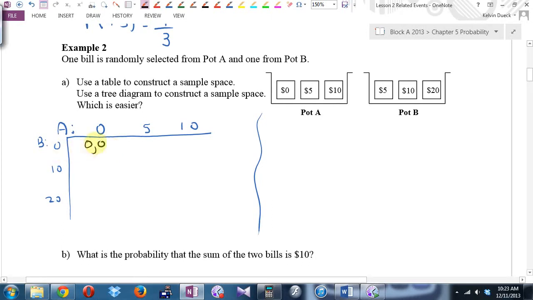B has a 5. Read this properly, Mr. Dueck. Thank you, Tiff. Sorry. 0 from A, 5 from B. And you can get a 5 and a 5. You can get a 10 and a 5.